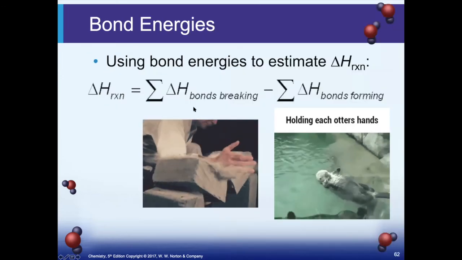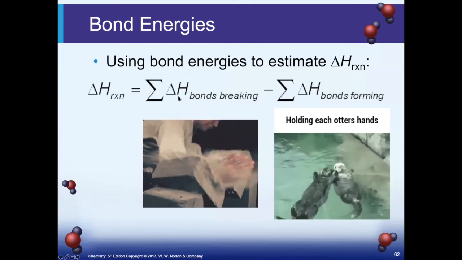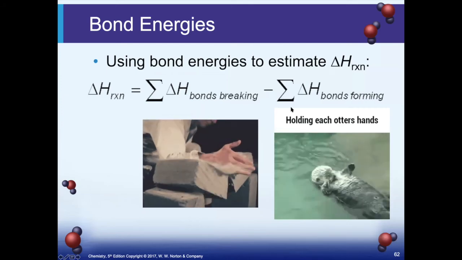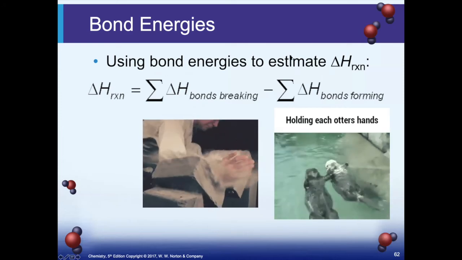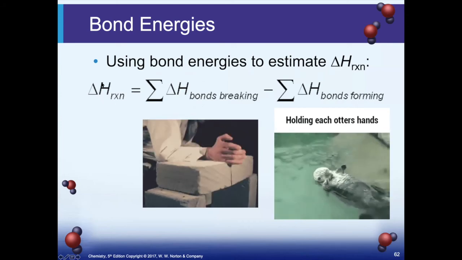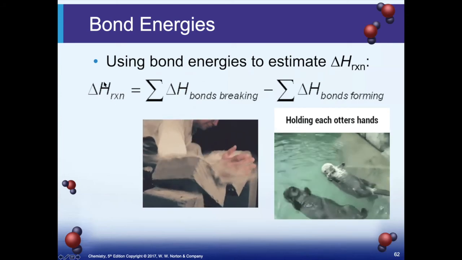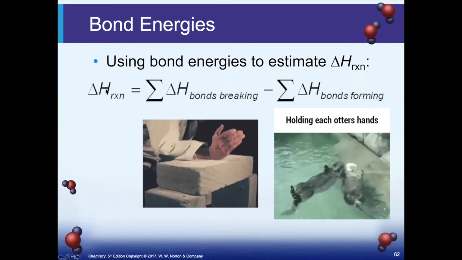That is very helpful if you have a table, because you can just use those bond energies and this equation to estimate, that's a key word, estimate, the enthalpy change of a reaction, just like we talked about in week 3, I believe it was, with thermochemistry. We talked about those enthalpy changes of a reaction.